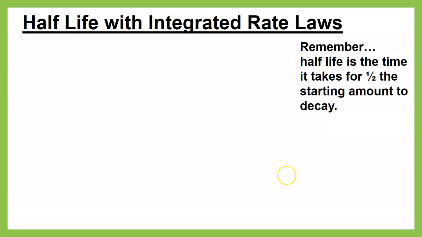Typically, half-life is talked about with nuclear reactions, but it could be used for a regular reaction. At a particular time, if we're at the half-life, we have half of what we started with.